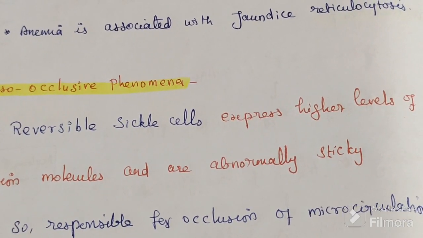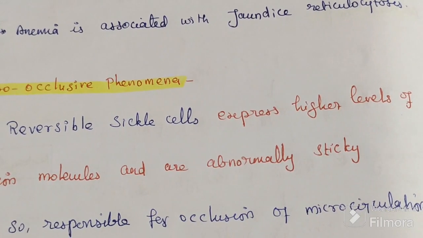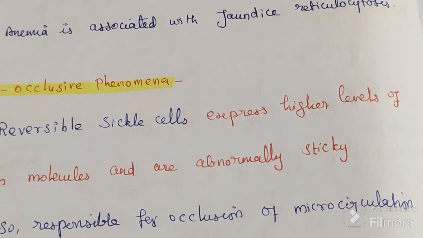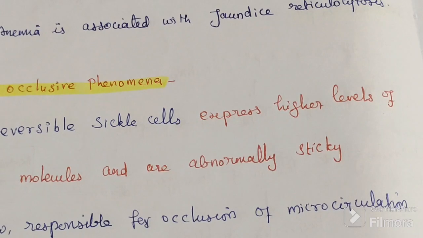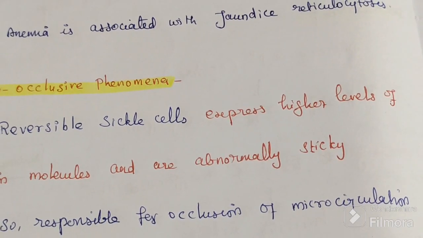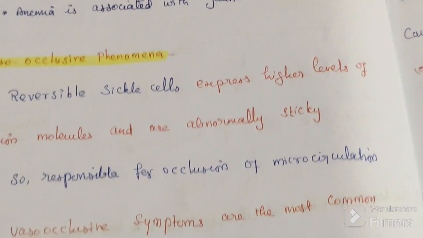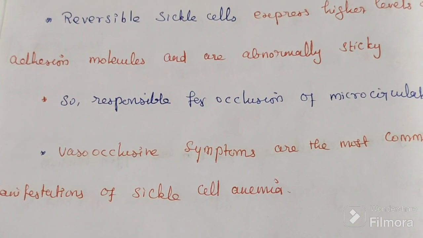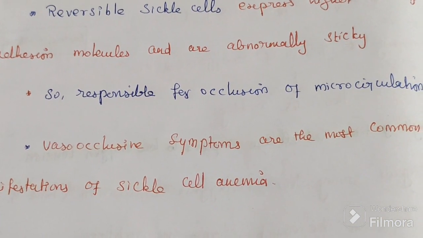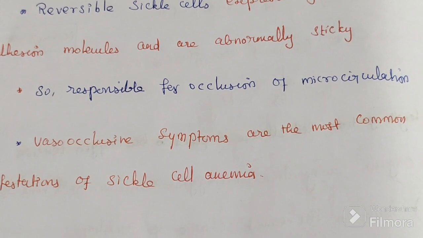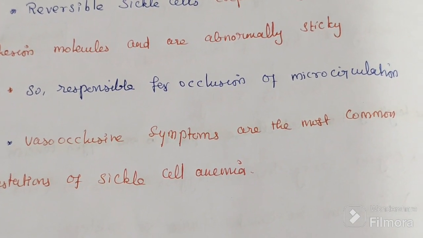They stick to each other, form clumps, and occlude the capillary. So vaso-occlusive symptoms are the most common manifestation in sickle cell anemia in the initial stage.